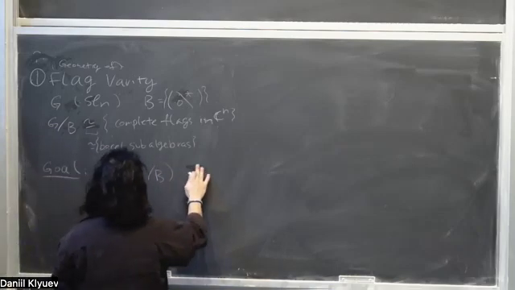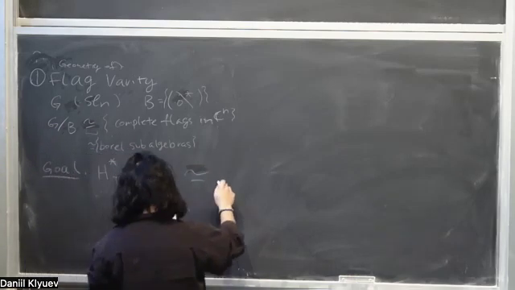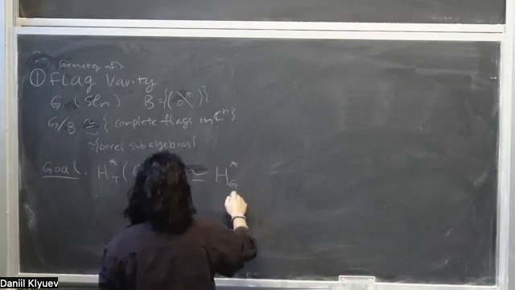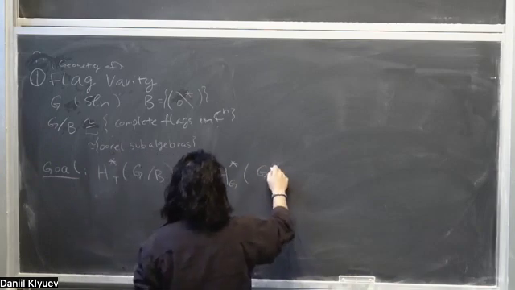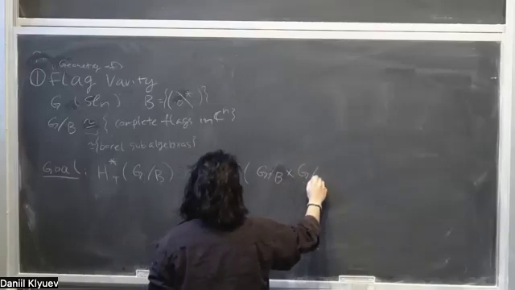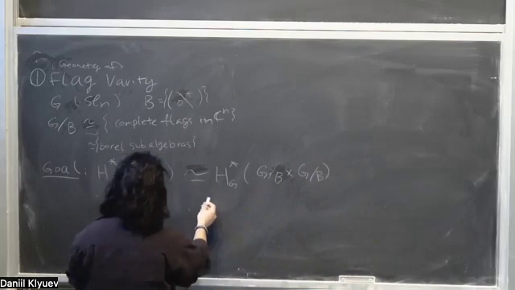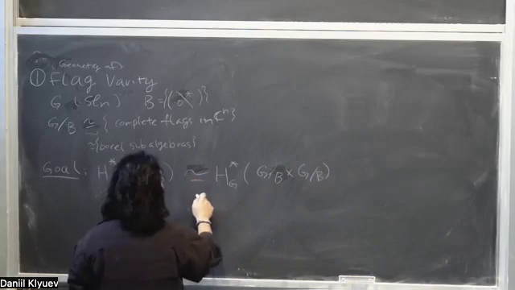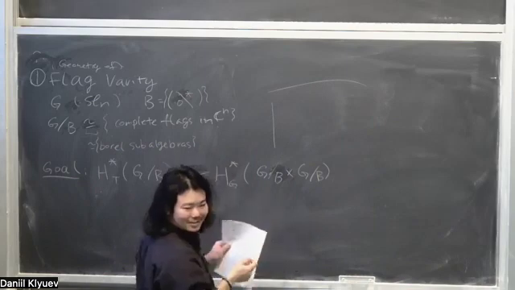And by induction, this is the G equivariant cohomology of G mod B times G mod B, where G acts diagonally. And I guess this is because, I will draw a little. Do I need to write this out? No, I'll just write this out.